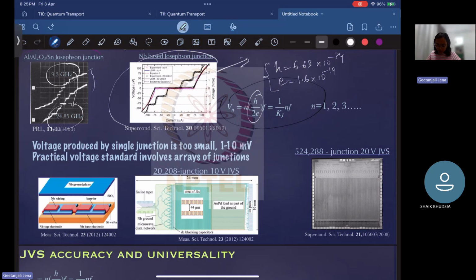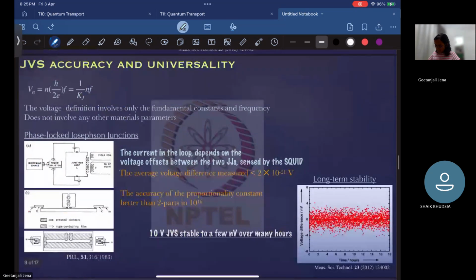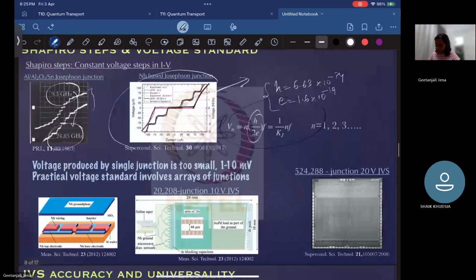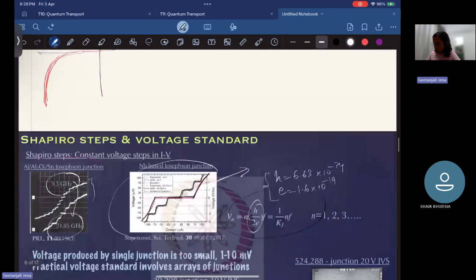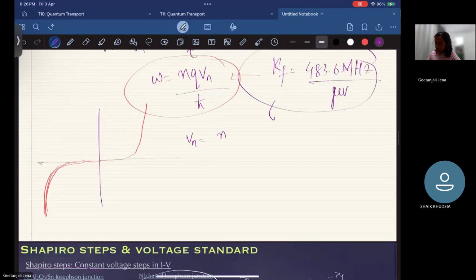So in the next part, what we've seen is the voltage value, that is Vn is nf by Kf, and Kf is 483.6 megahertz per microvolt.